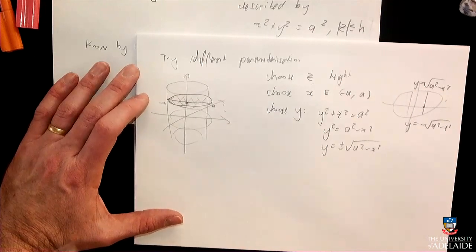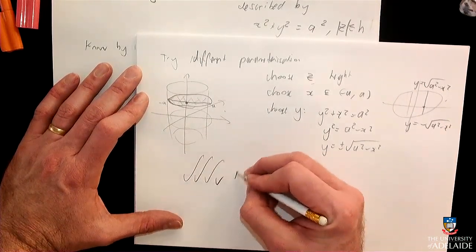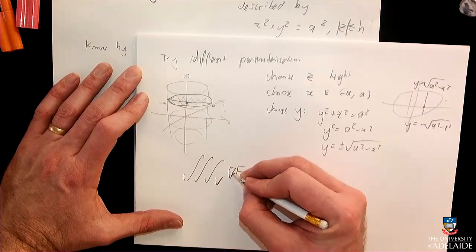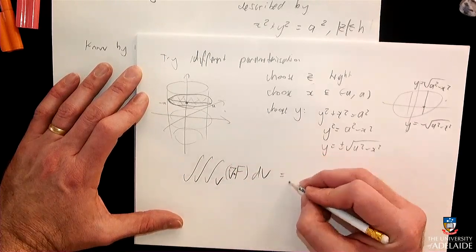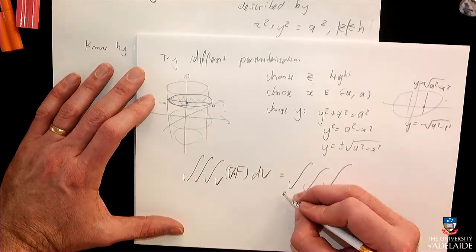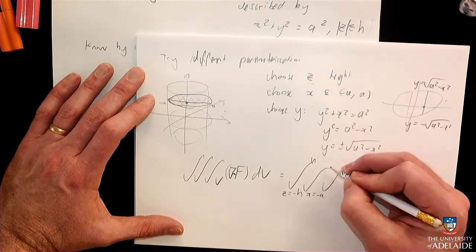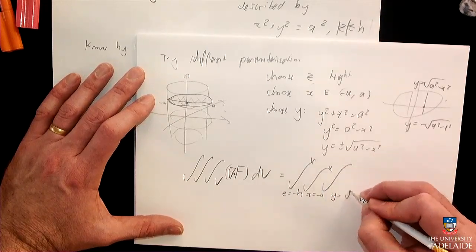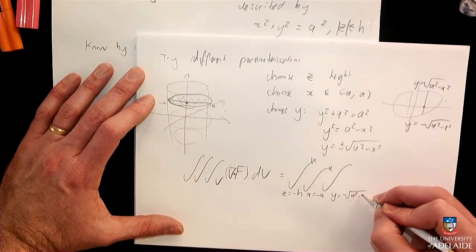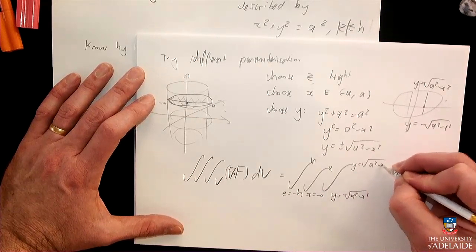Okay, so in that case, my integral across v of del dot f dv is just going to be the natural order, right? I'll choose my z, which goes from minus h to h. I'll choose my x, which goes from minus a to a. And then I'll choose my y to be from minus root a squared minus x squared to plus root a squared minus x squared.